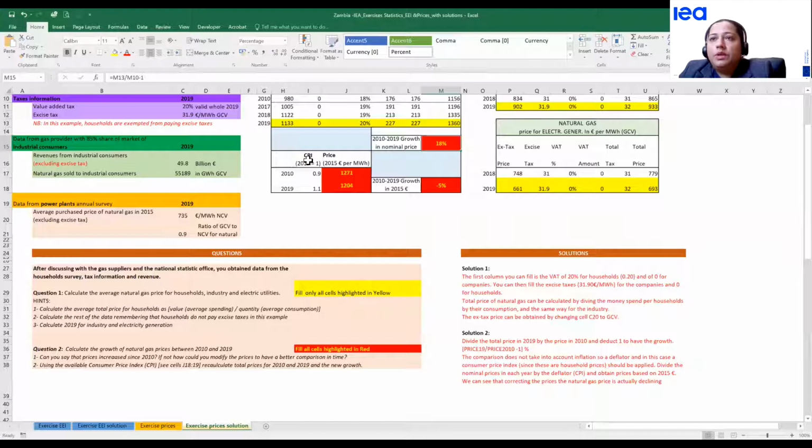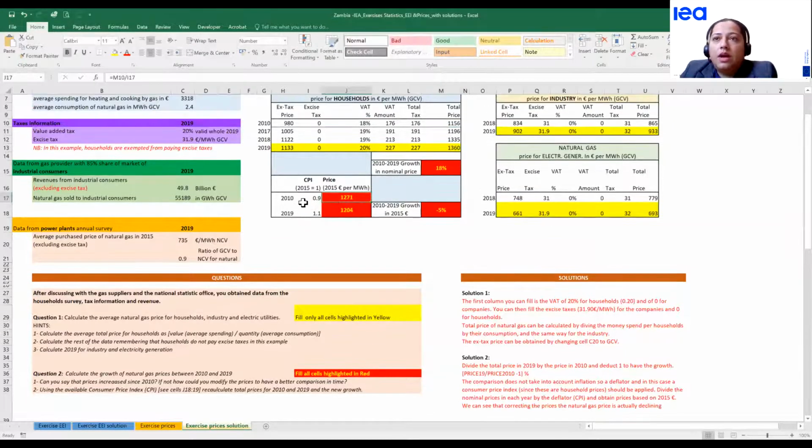So here what we will do is recalculate the prices, but adjusted for inflation. Here you have the information on the CPI, and what you will do is take the price for 2010 and adjust it with the CPI, and this is the new price.